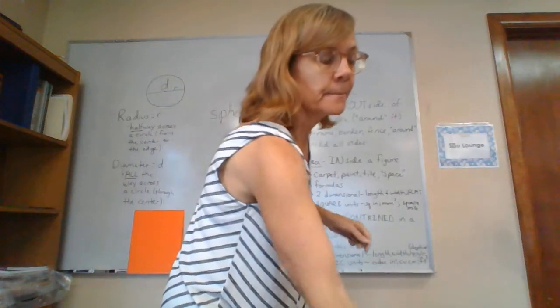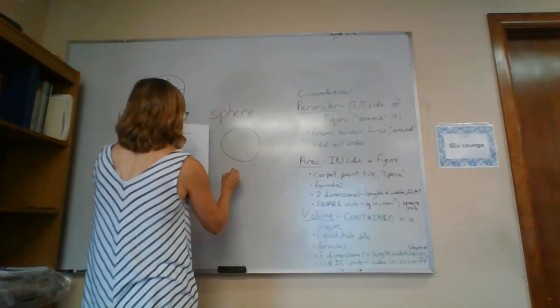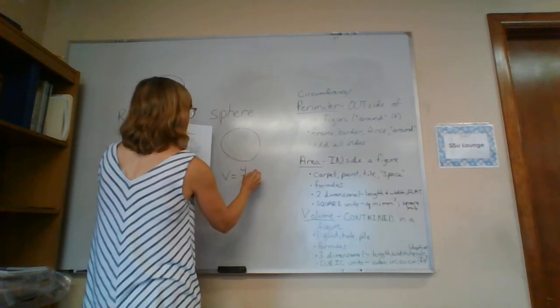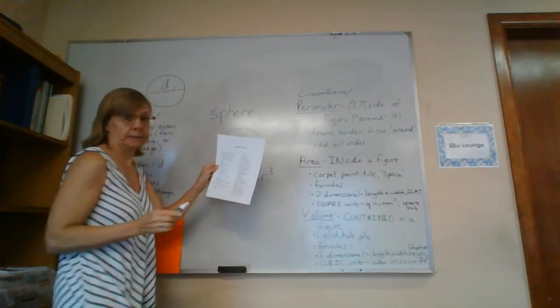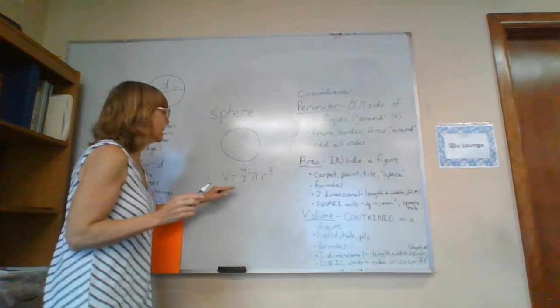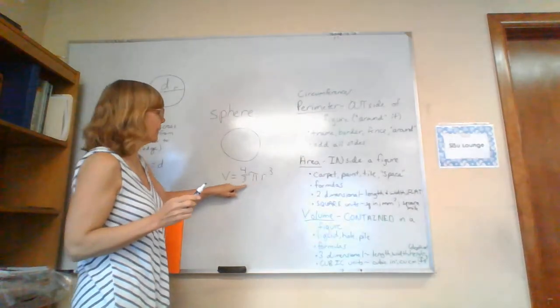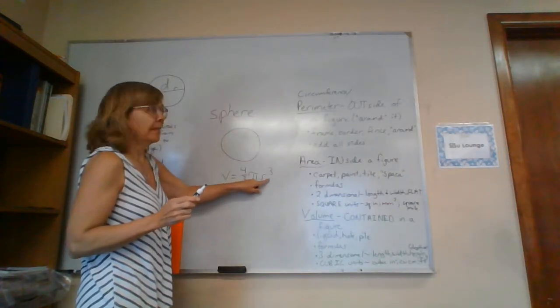The volume formula, don't panic, is 4/3 times pi times the radius cubed. Okay, great news. Your calculator would do all that. So if I had this situation where they wanted the volume of a sphere, this is what I'm going to need.